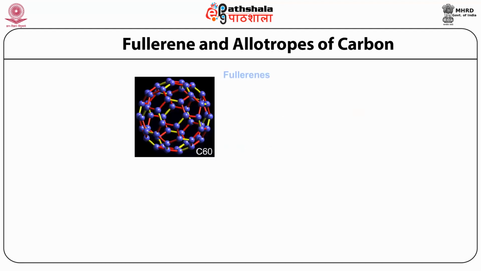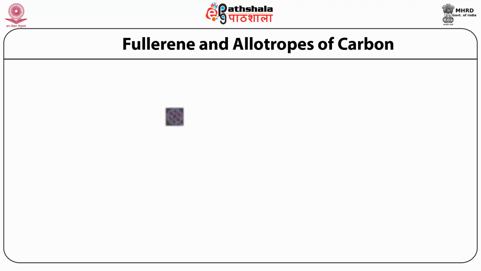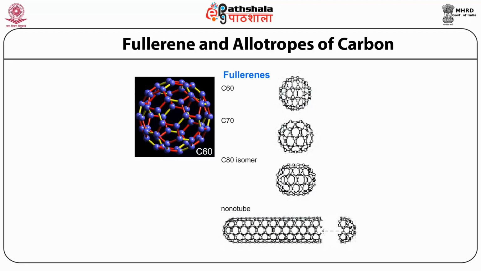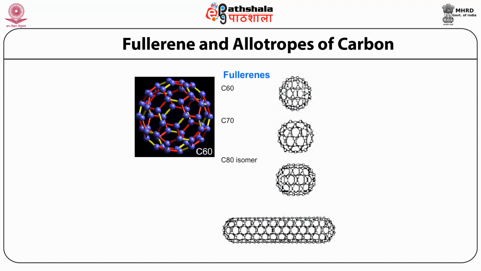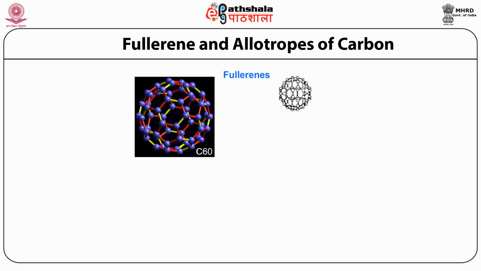As you know, fullerene is a cage-like structure where 60 carbon atoms make a structure like a football. This football contains 12 pentagons and 20 hexagons. This structure can be elongated by the addition of more hexagons, and other stable fullerenes are C70 and their other isomers.